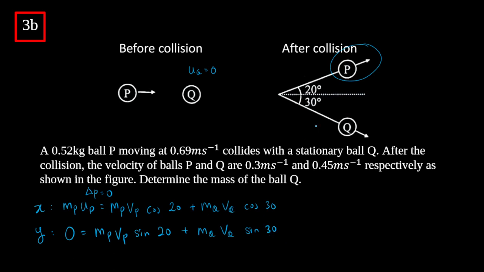Mind the direction, because vq is moving downwards in the y component, so what we'll have is not actually plus, what we'll have is minus down here. Unfortunately for this question, there are two possible outcomes, and I'll show you quickly just right here.